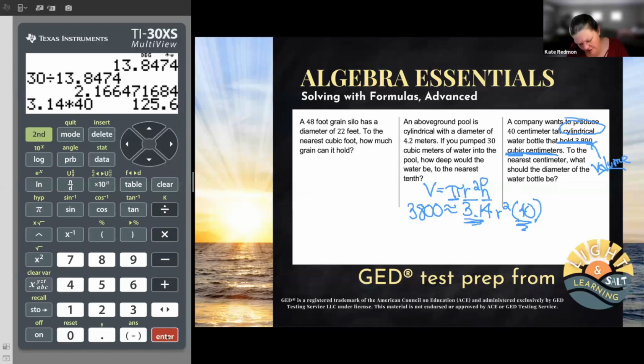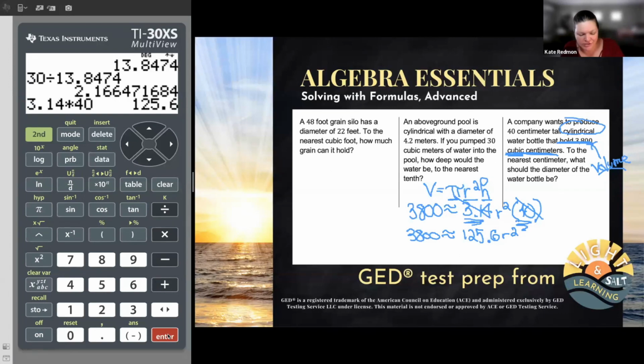And when I multiplied together this portion and this portion, I got 125.6, and that number is still multiplying with r squared, and that's going to be equal to 3,800. Cool. Now there's no more simplifying left to do on that right-hand side. Don't square that number, okay? Like we said, that square only belongs to r. It's time to start moving backwards to work to get r alone.